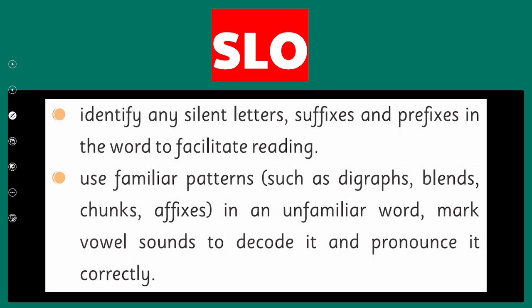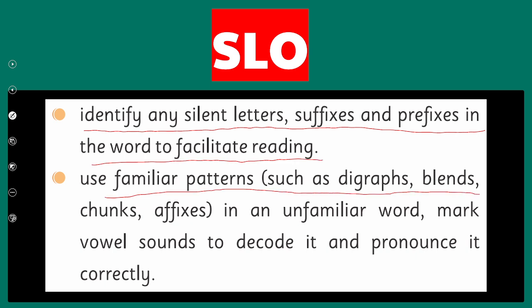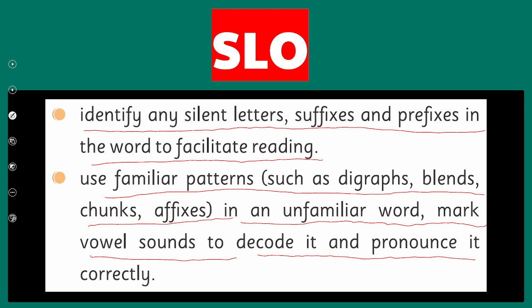The SLO states that identify any silent letters, suffixes and prefixes in the word to facilitate reading. Use familiar patterns such as digraphs, blends, chunks, affixes in an unfamiliar word, mark vowel sounds to decode it and pronounce it correctly.